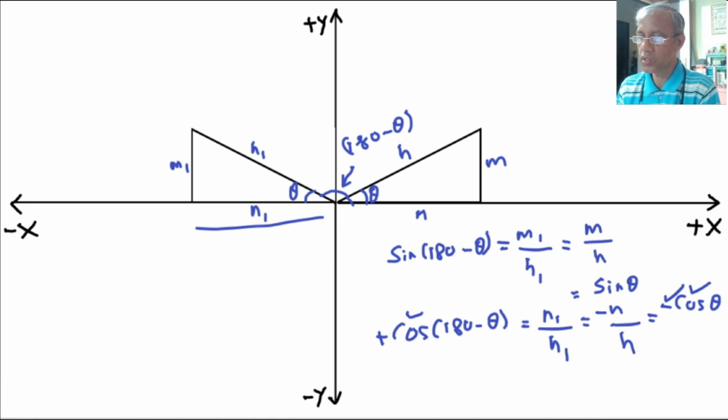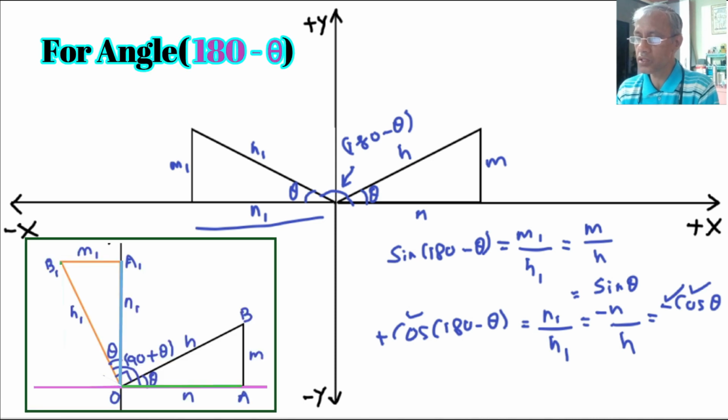The fact which decides the changing or retention of the function is that we have to see the axis over which the proportional sides are placed.